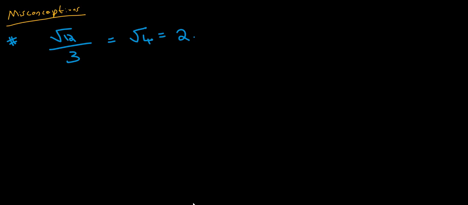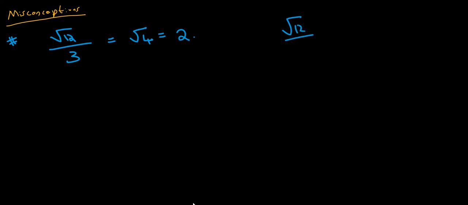You can only use the quotient rule for dividing indices or surds if they are both to the same power, in this case, both roots.